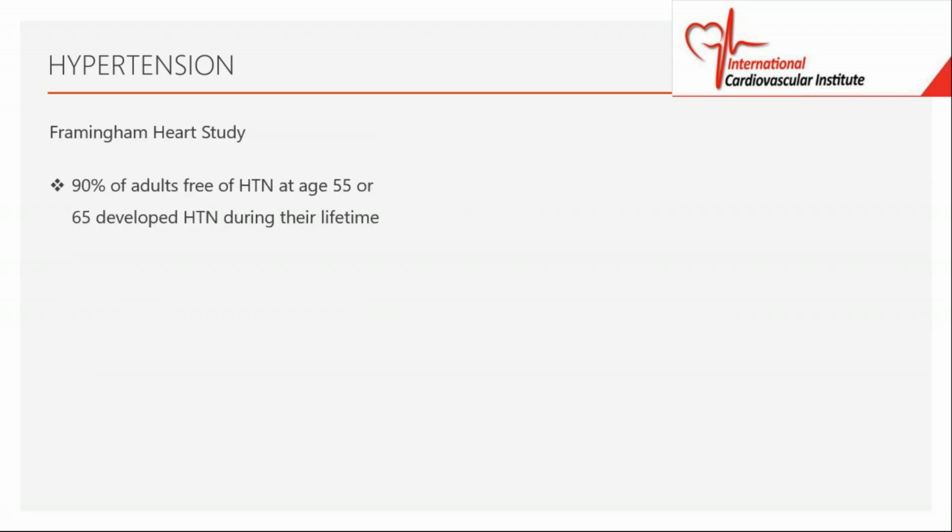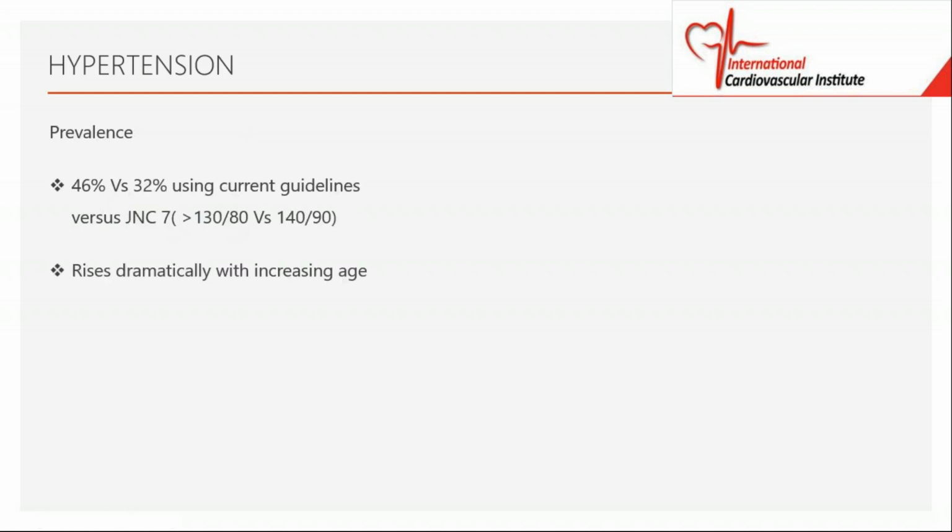Because it's so prevalent. And when you look at the Framingham Heart Study, if you're free from hypertension at age 55 or 65, you have a 90% chance of developing hypertension during your lifetime. Hypertension is very, very common, very frequent, very prevalent.